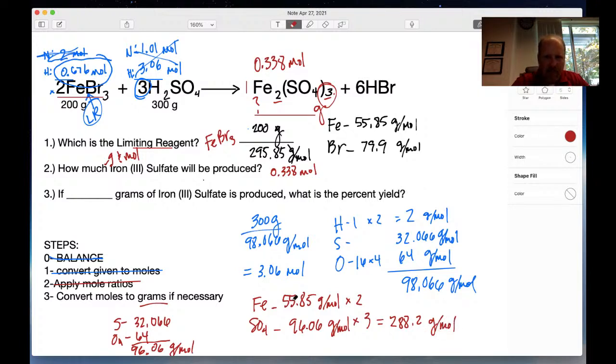And then 55.85 times 2 is 111.7. We add those together and we get 399.9, so we just say that's 400 grams. Okay, so 400 grams per mole of this.